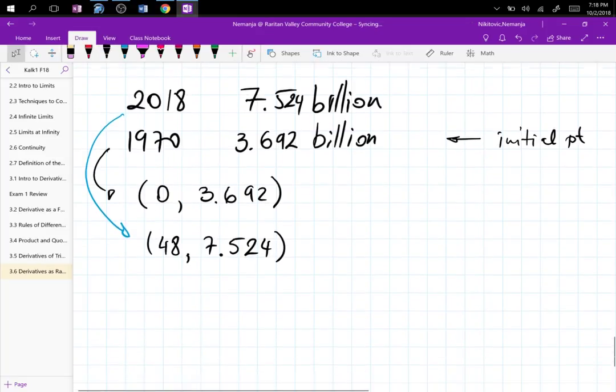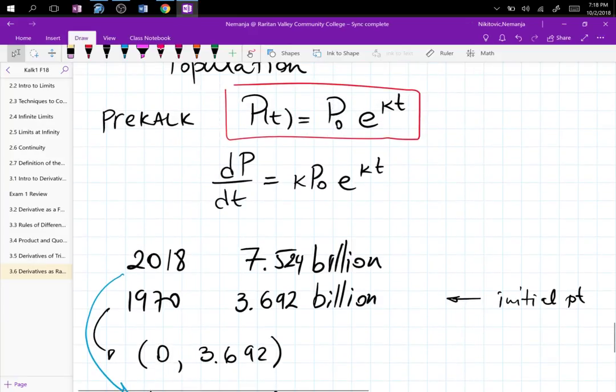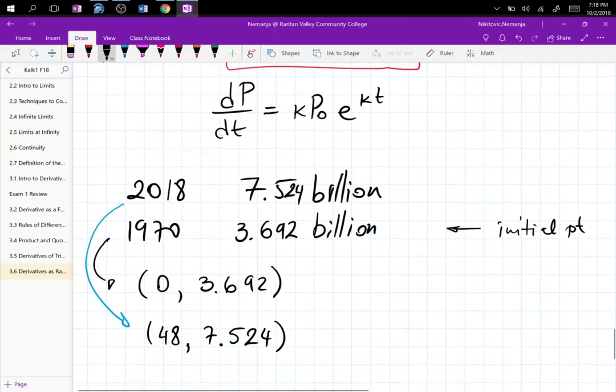So now, when we use our model, P0 is where the 0 time is. So this is your t0, P0 point. And this is your t, P point.